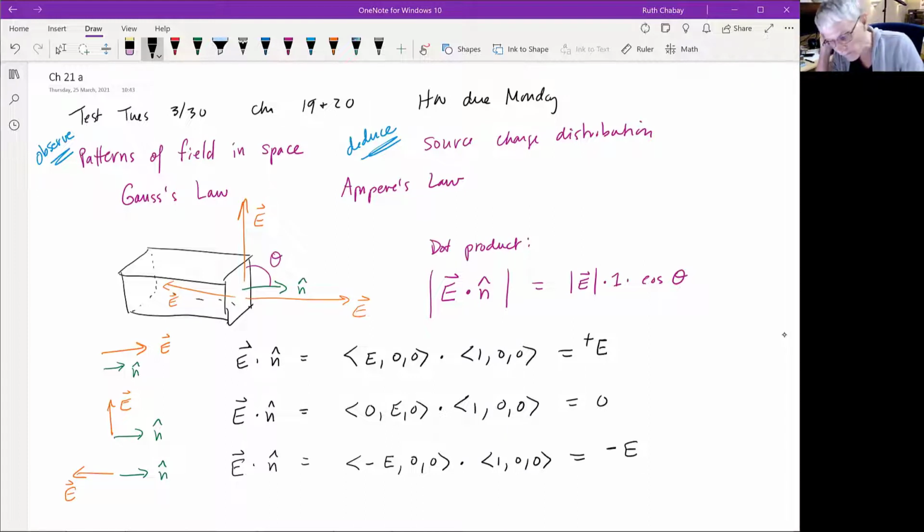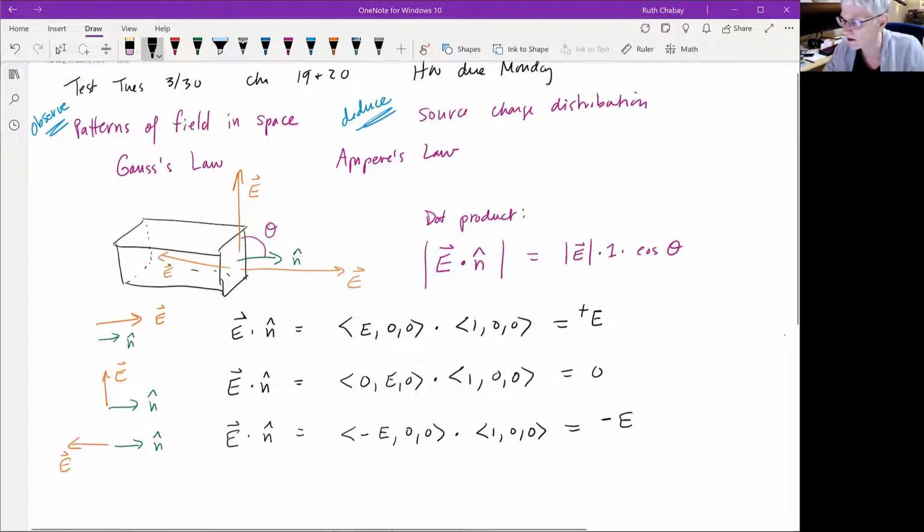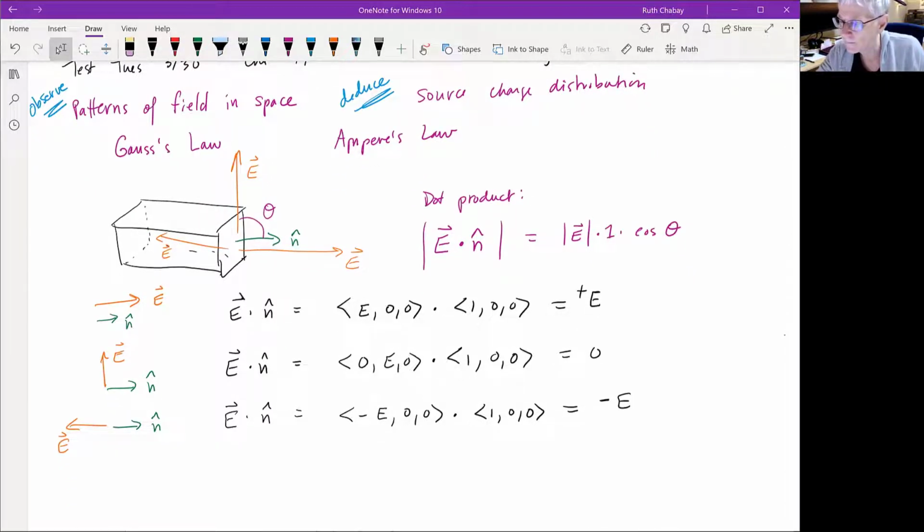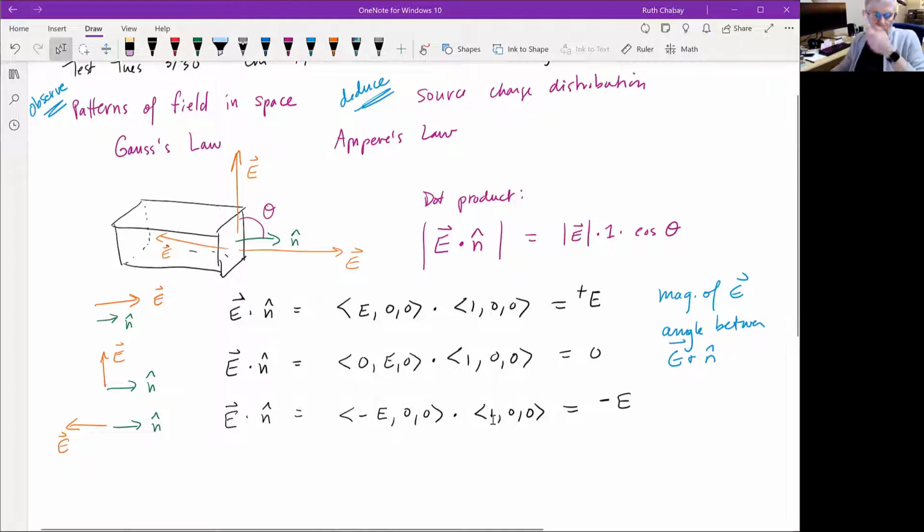And so that comes out right, and it takes into account both the magnitude of E and the angle between E and n hat. Okay.